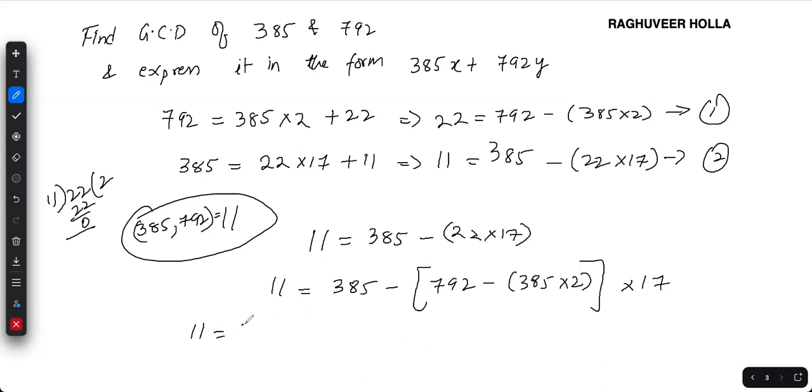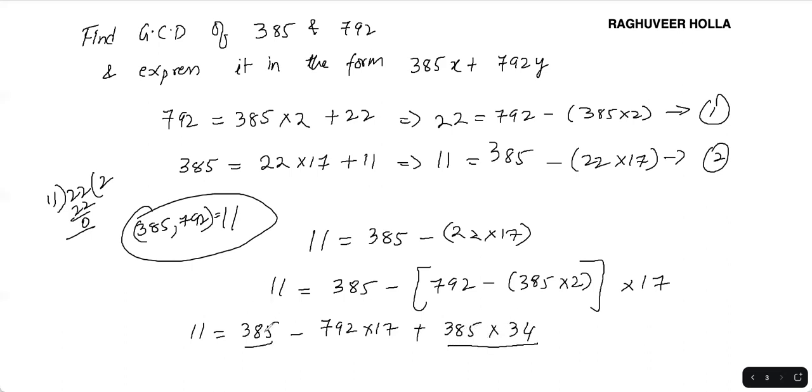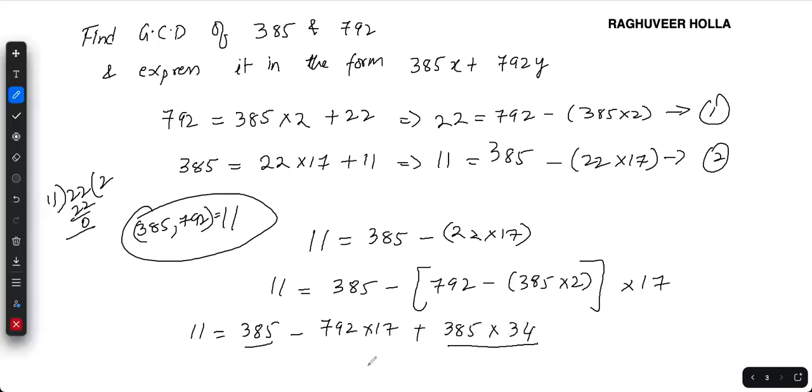So 11 will be 385 minus 792 multiplied by 17 plus 385 multiplied by 34, since 2 multiplied by 17 is 34. As you can see, 385 multiplied by 1 and 385 multiplied by 34, so I can combine these.